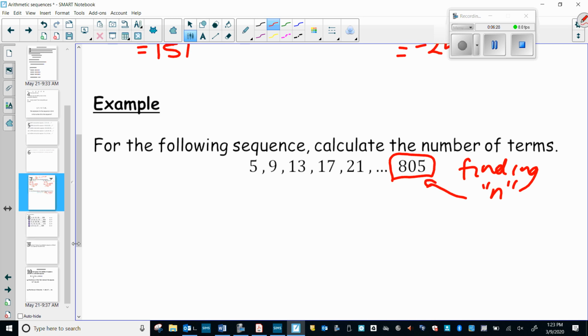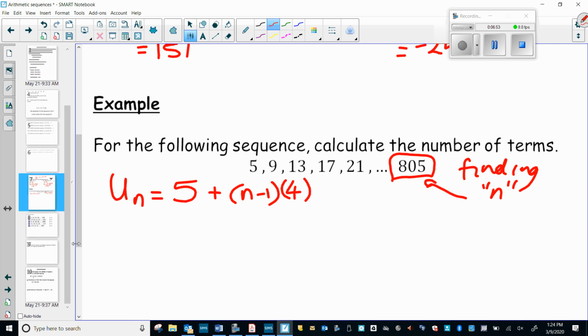A good way of doing this is to write down an expression for un. Now you can do it in the way that you suggested, Emma. You can find that rule if you wish. Or you can say, un is going to be 5 plus n minus 1 lots of them. What's my common difference here? 4.